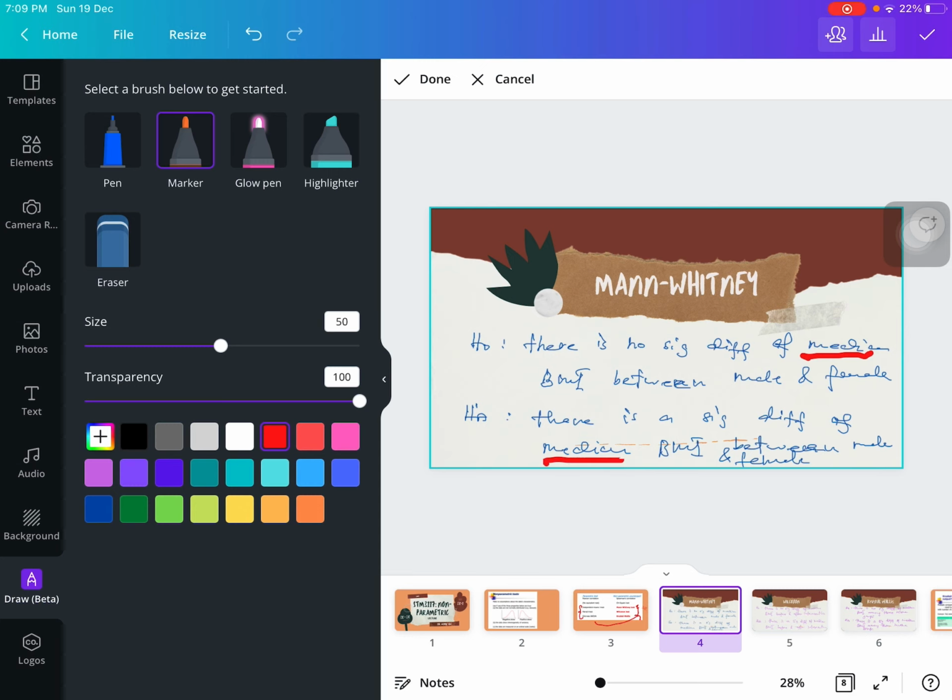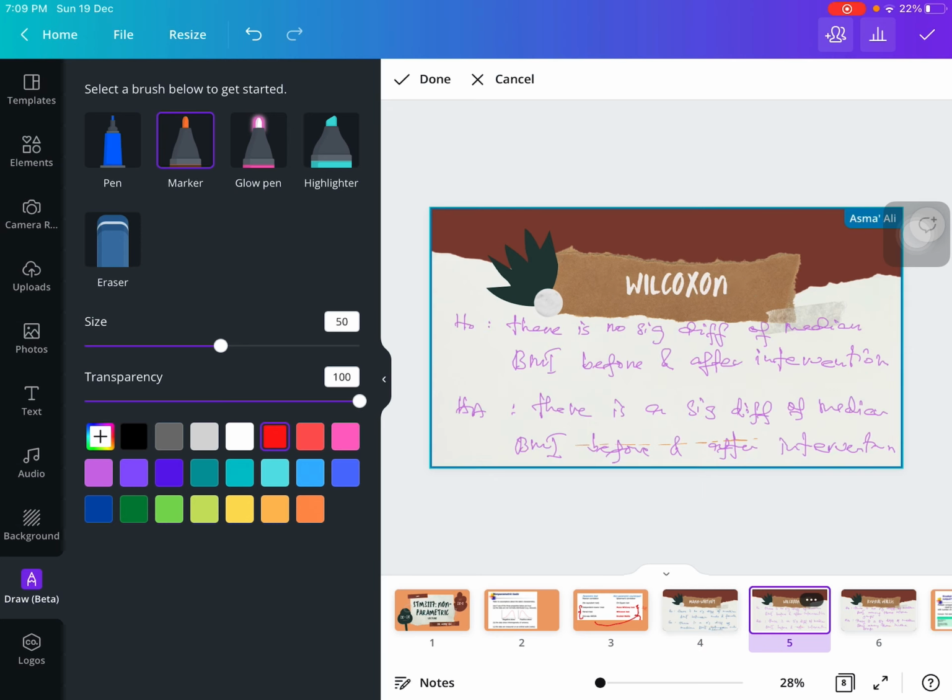So for Mann-Whitney, dia punya H0 is there is no significant difference of median BMI between male and female. So male and female consists of two groups, and when it is two groups, you have to use Mann-Whitney. So it is a substitute of independent t-test. Okay. And Wilcoxon is the substitute for paired t-test.